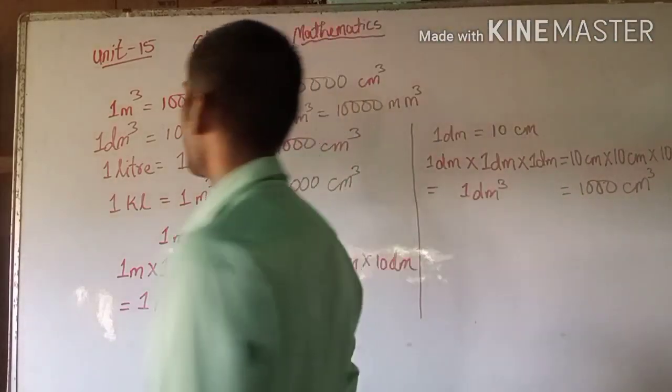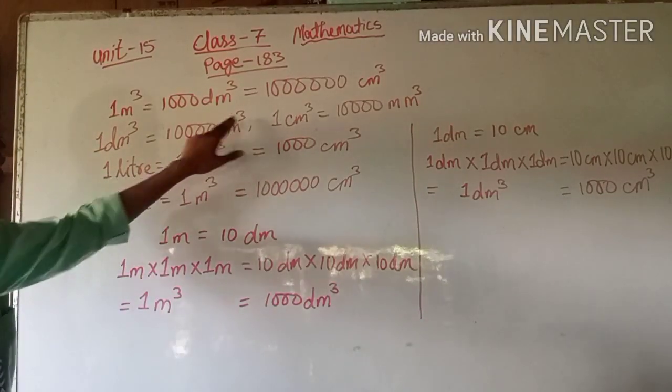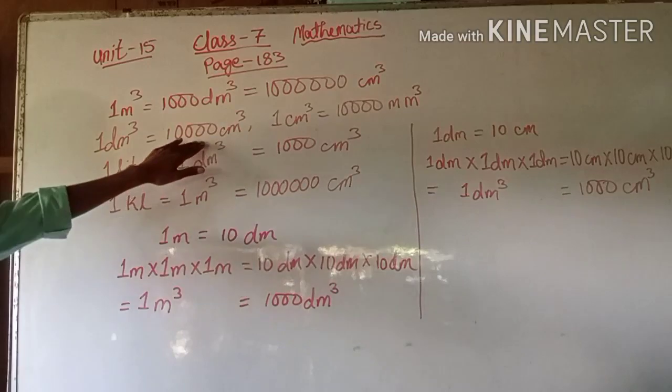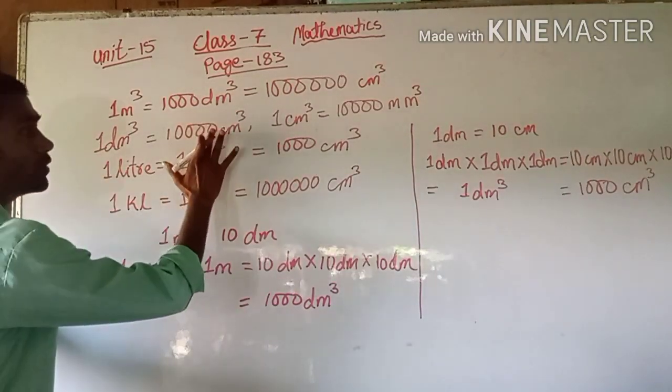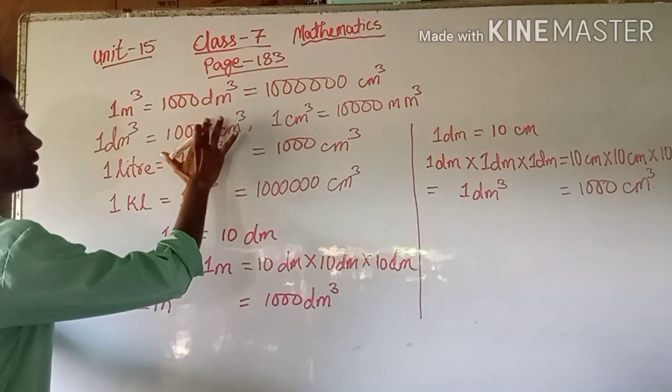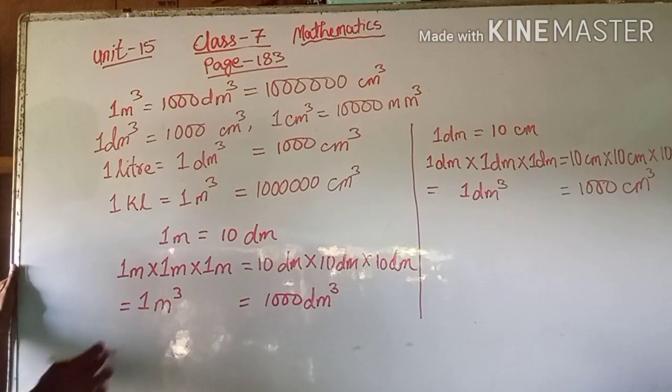But in the textbook you can find that it is written 10,000 centimeter cube. So there it is a printing mistake. You will have to correct this answer. It will be equal to 1000 centimeter cube. You will have to correct it in your textbook.